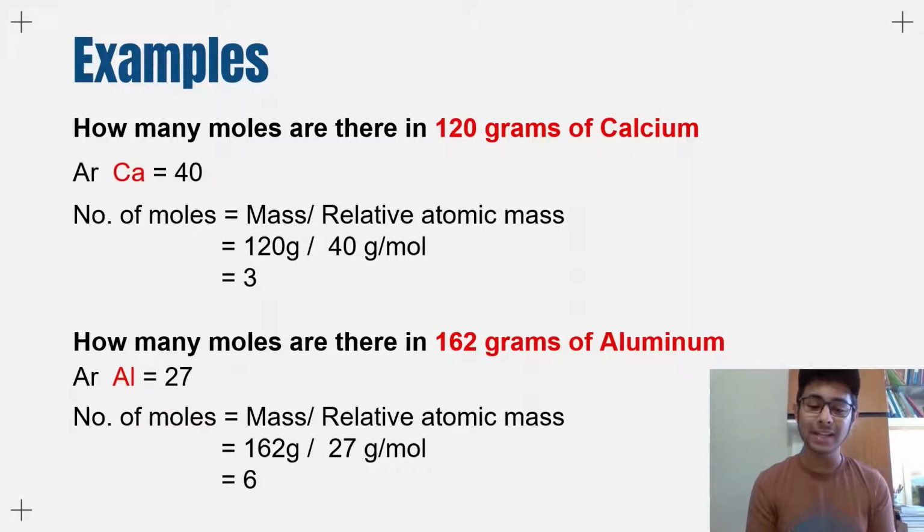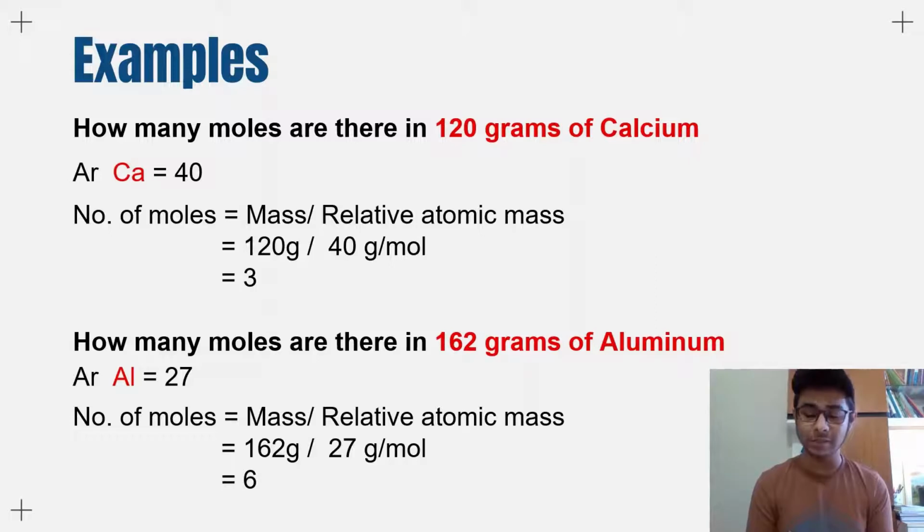Now let us look at another example. How many moles are there in 162 grams of aluminium? So the mass is already given, 162 grams of aluminium, and we know the relative atomic mass of aluminium, that is 27. Now, as before, let's put in the formula. Number of moles is equal to mass divided by relative atomic mass.